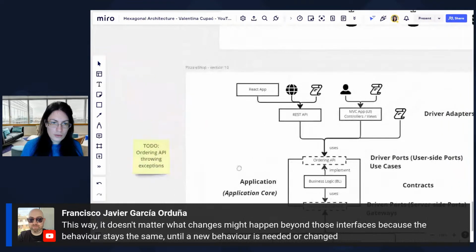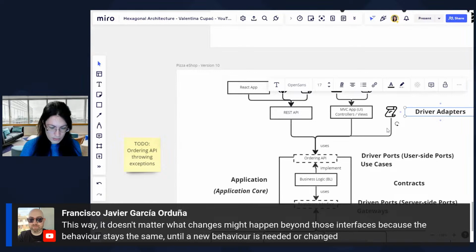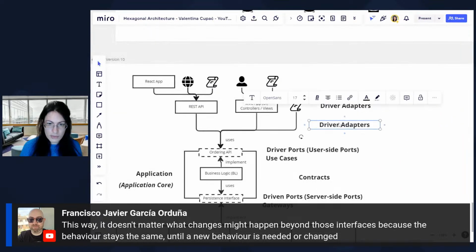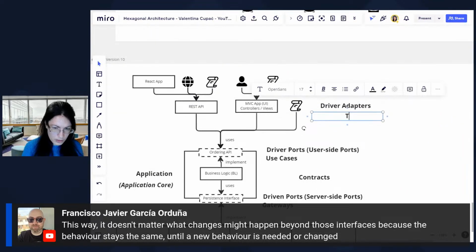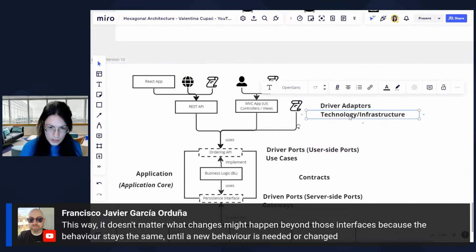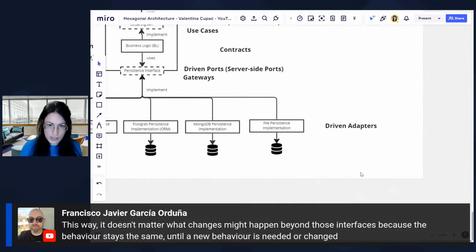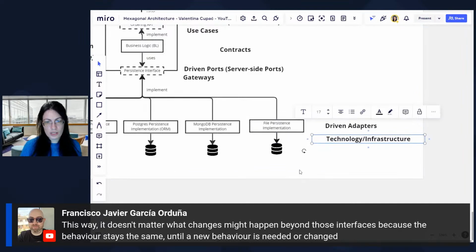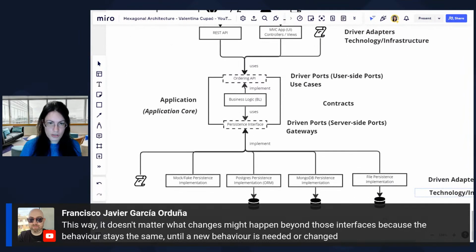And for the adapters, they are concerned with specific technology infrastructure concerns. So it's completely different concerns, and they change for different reasons.